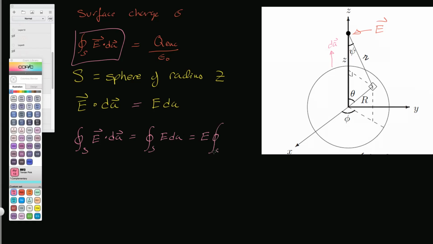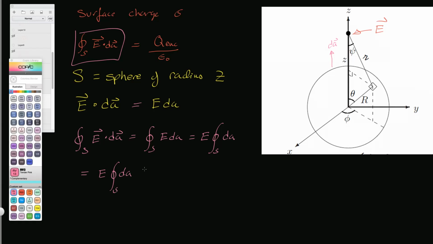It's the integral over that surface of just dA, and that's going to be E times the surface area of my sphere of radius Z, right? That's what the dA adds up to.